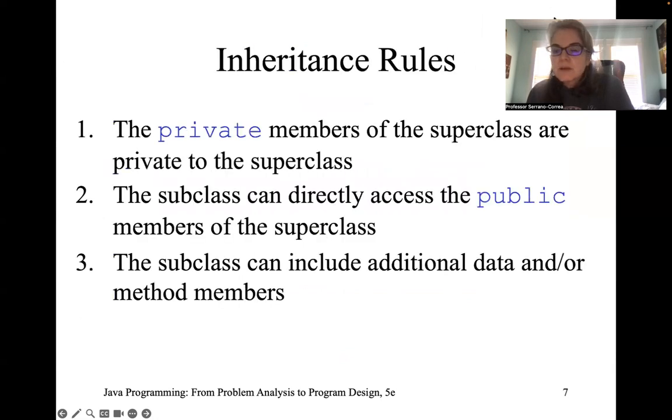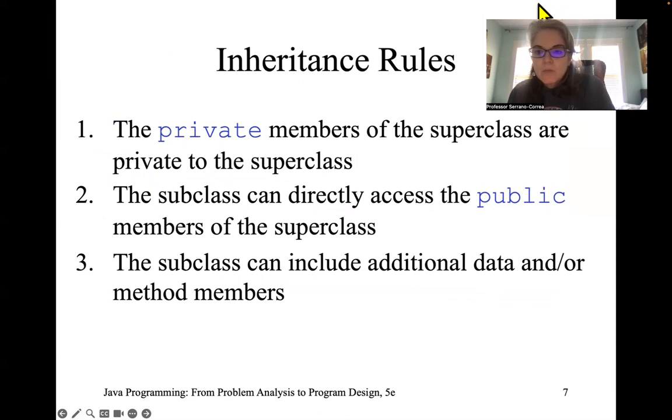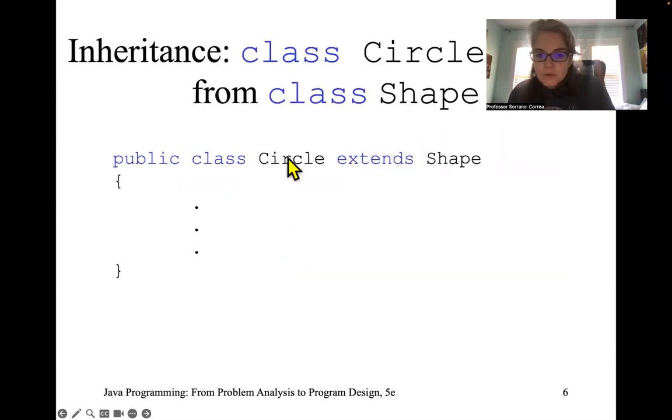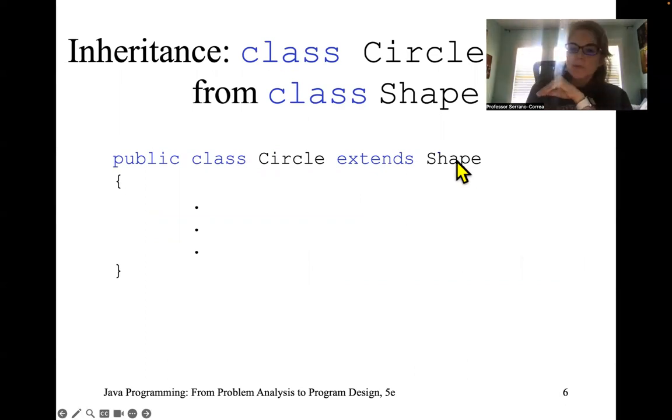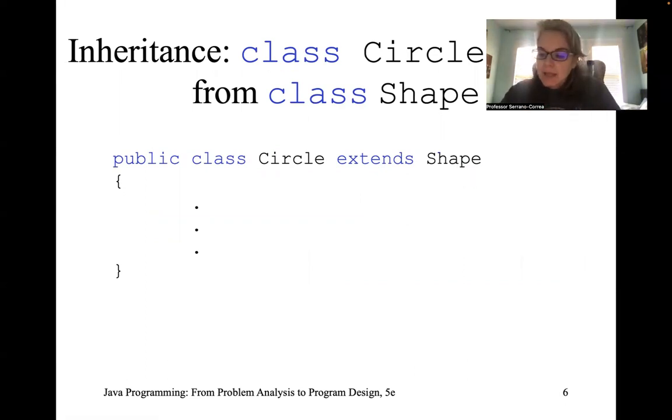So here are the rules when we inherit from a class. The private members of the superclass are private to the superclass. So in this case, anything private in shape, and shape is the superclass, cannot be accessed by circle.